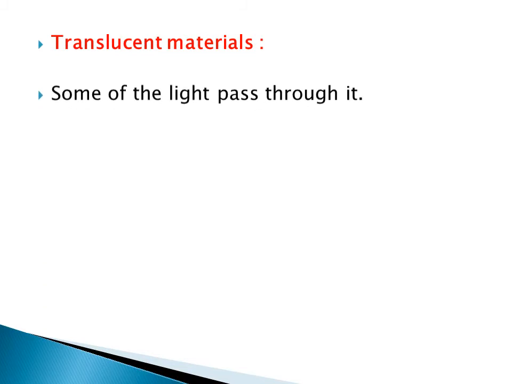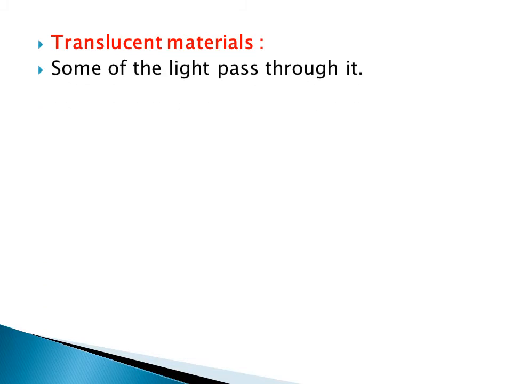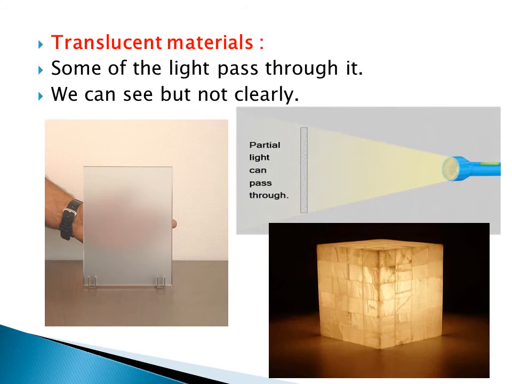But some materials cannot pass all of the light. Only some of the light can pass through it and we can see, but not clearly. Like what? Like this glass, but it's not a clear glass, it's not a transparent glass. Some of the light can pass, but not all of the light, right?